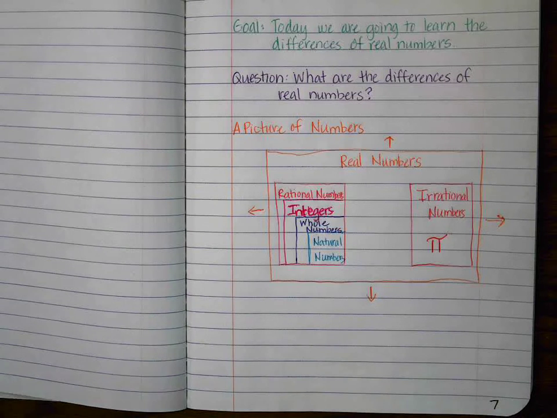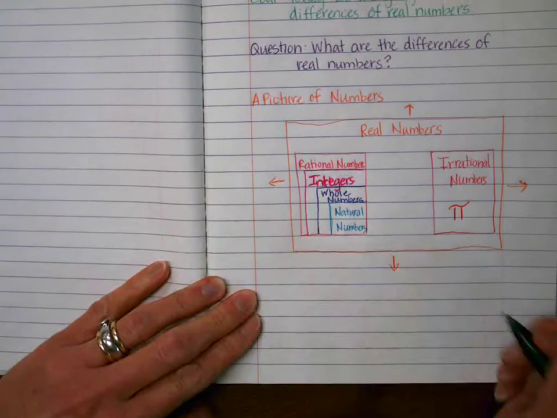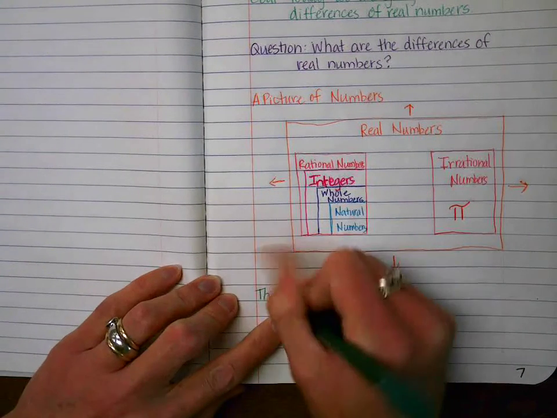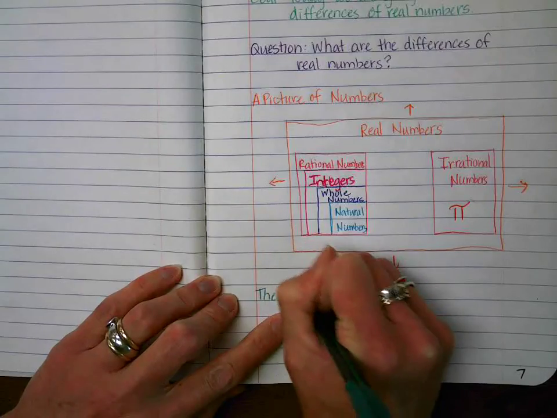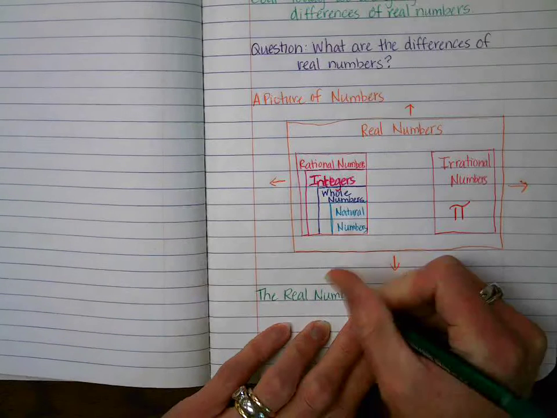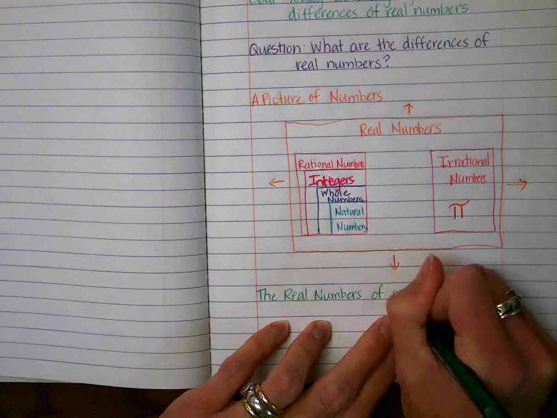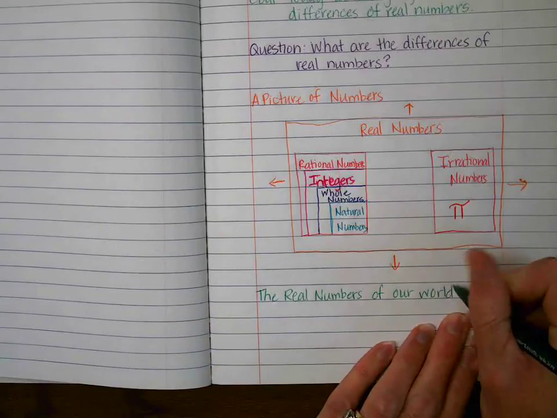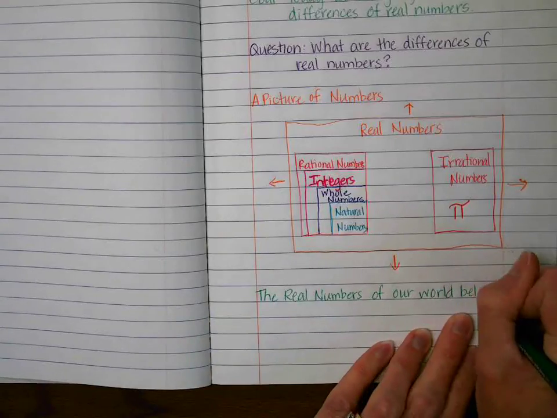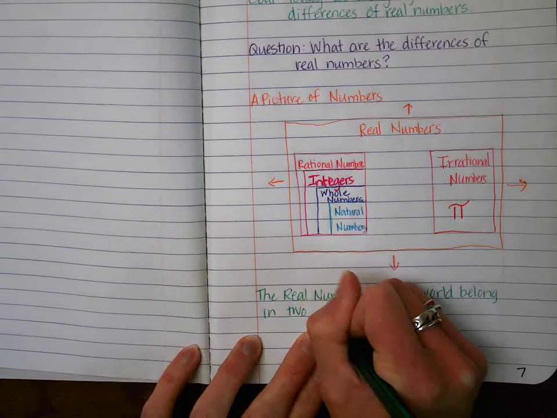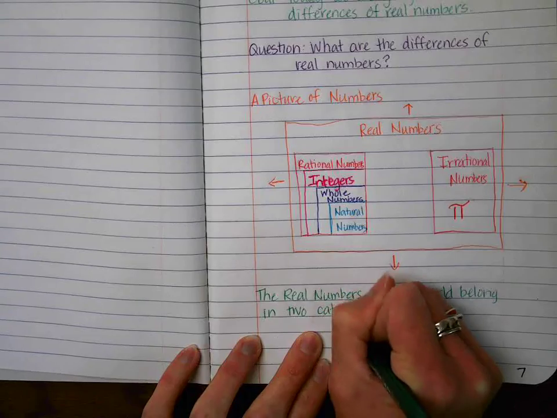So the first thing that I would like to explain is, let's go ahead and get our definition of real numbers. So you're going to say the real numbers of our world belong in two categories.